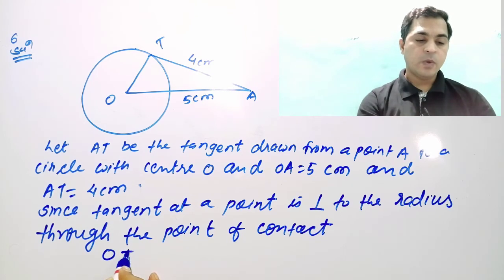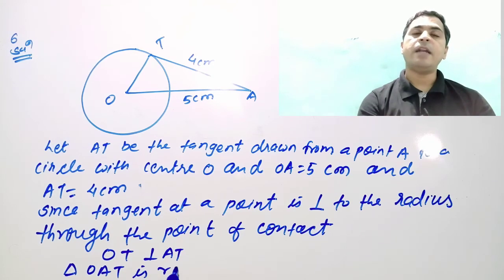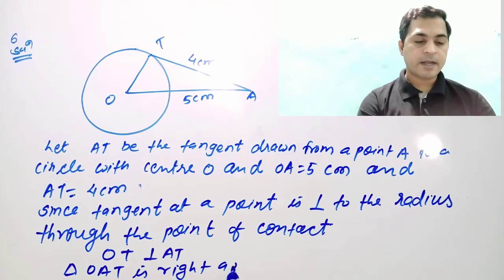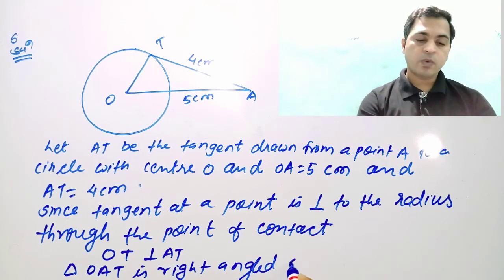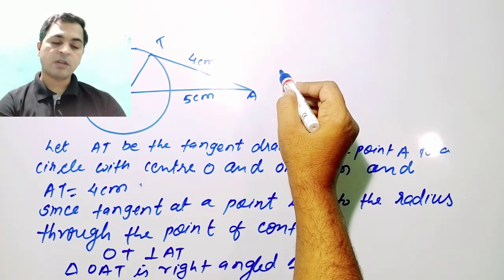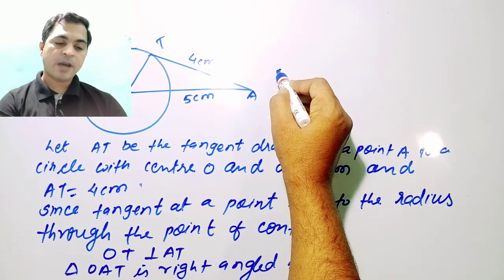So OT is perpendicular on what? AT. So here the triangle ATO becomes a right angle triangle. So for a right angle triangle, if two sides are known and we want to find out the third side, we can apply the Pythagoras theorem.